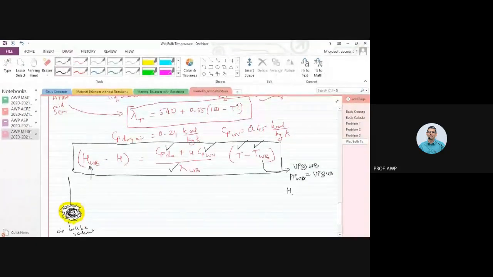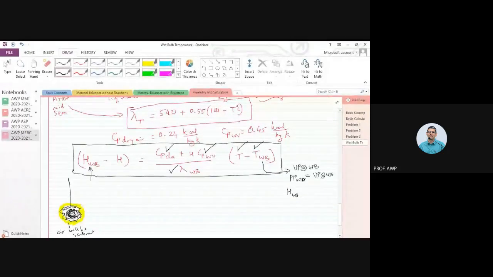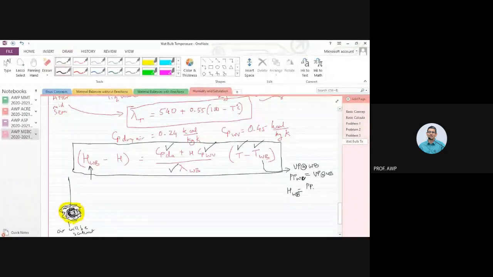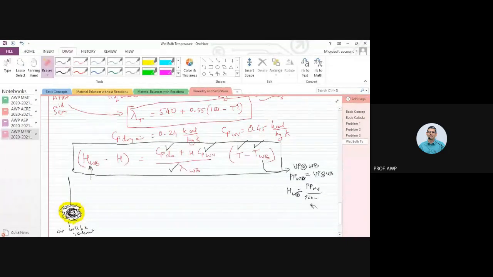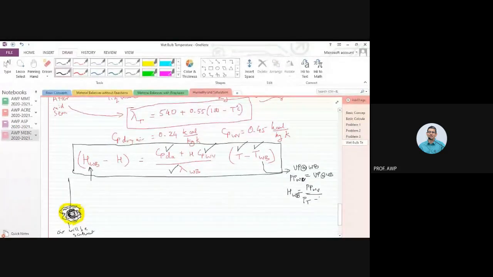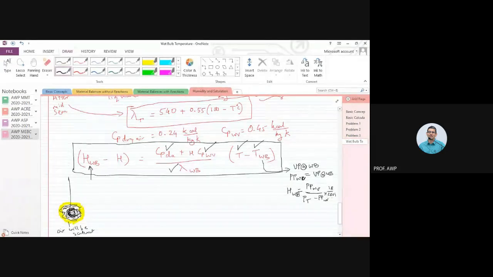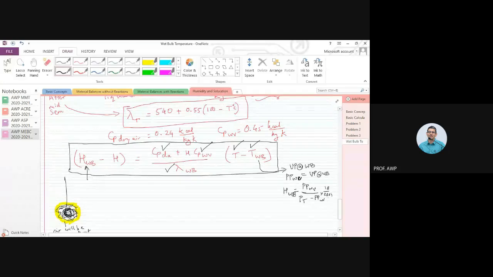Then the humidity near the wet bulb would be this partial pressure divided by (760, or rather total pressure, since total pressure can be different from 760, minus partial pressure) into 18 divided by 28.84. So knowing the wet bulb temperature, we can calculate this HWB.